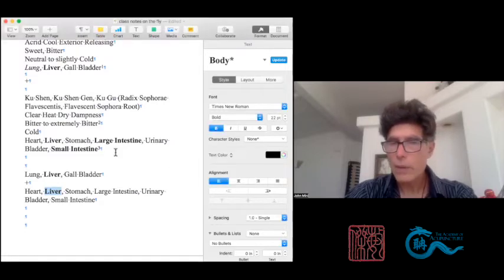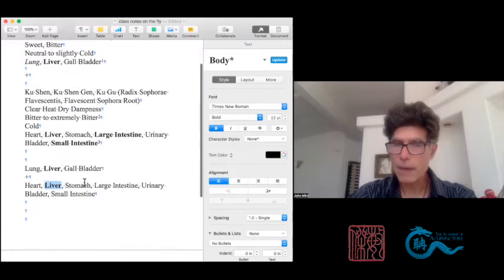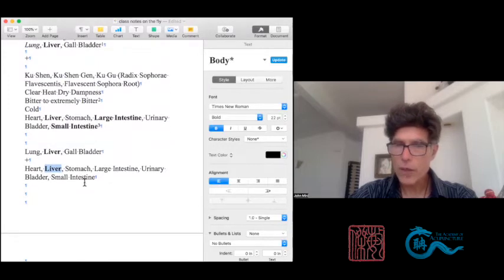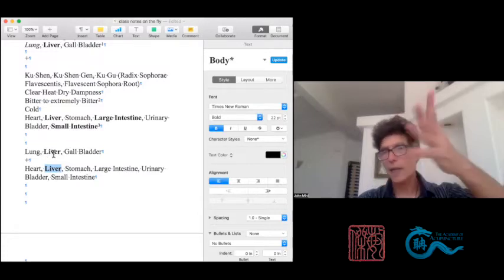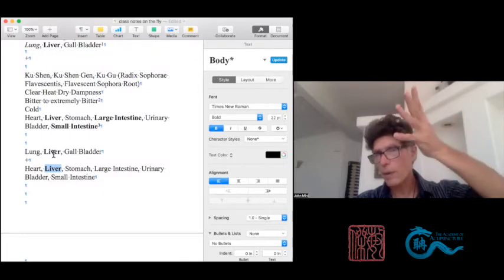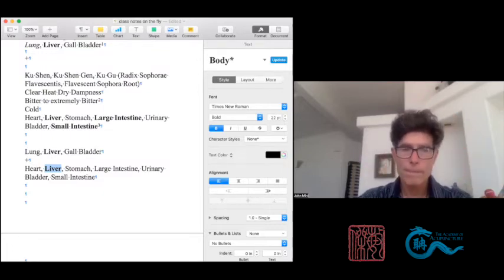Middle jiao, we got the stomach and the small intestine. We got the liver. We got that. Stick down here, right? Exactly like that, right? So it's good for the middle jiao, right? Even the lower jiao with that large intestine, the UB, and the liver. We can also consider the liver as part of the lower jiao as well, because sometimes we consider it to be part of the middle and sometimes part of the lower.